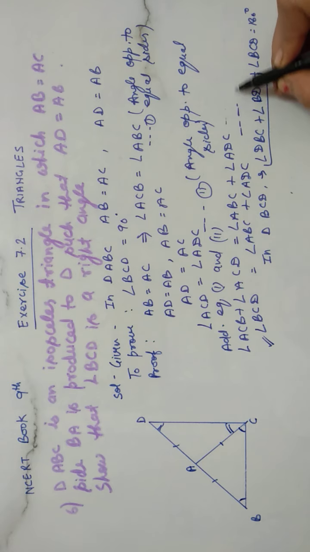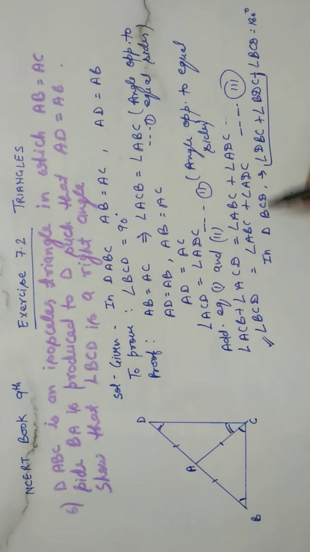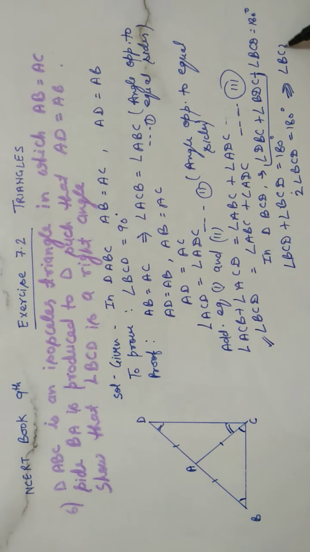Then BCD plus angle BCD is 180, or 2 angle BCD is 180. When you solve it, angle BCD is 90 degrees. So it is proved that angle BCD is 90 degrees.